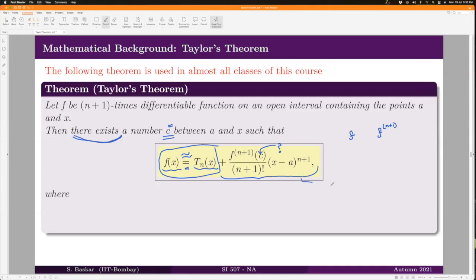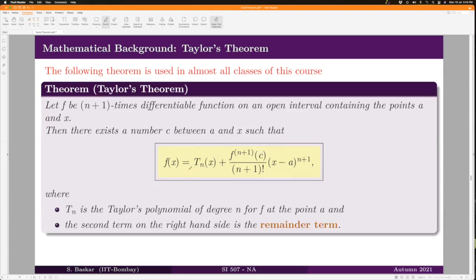Later we will see that this is called the truncation error. So here we know that Tn is a Taylor polynomial of degree n of f at the point A, and the second term, which we later call the truncation error, is commonly called the remainder term.